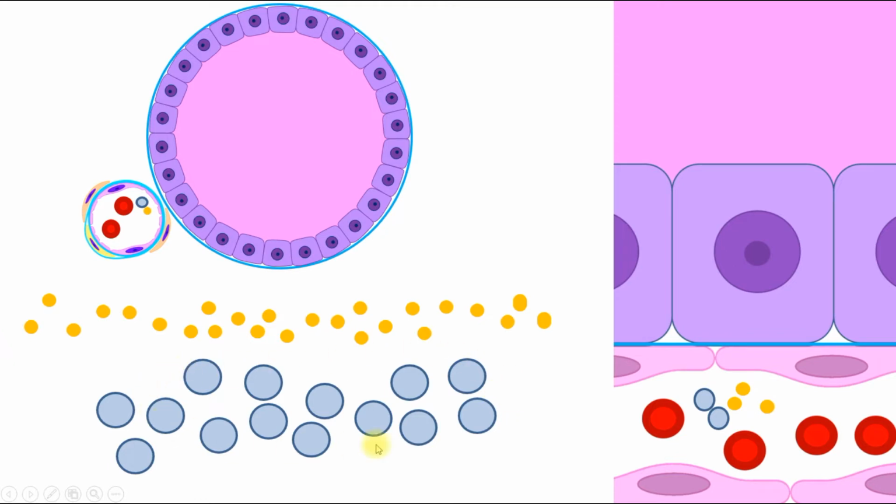And here we can see all necessary materials, and blood carries amino acids and iodine ions to the thyrocytes. They uptake them from blood via the basal pole, and they use them for the synthesis of T3 and T4.